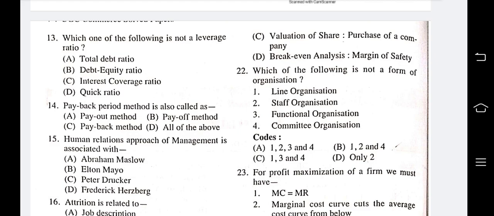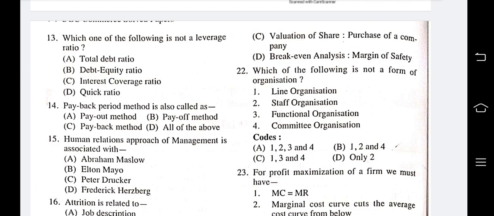Next question: the human relation approach of management is associated with which author? Abraham Maslow, Elton Mayo, Peter Drucker, Friedrich Herzberg. Your answer is Elton Mayo. According to the human relation approach, management is the study of behavior of people at work.